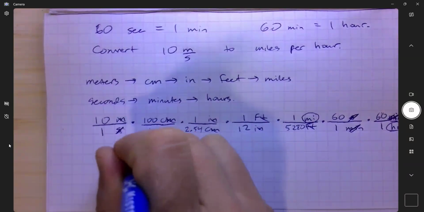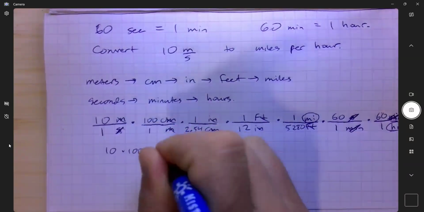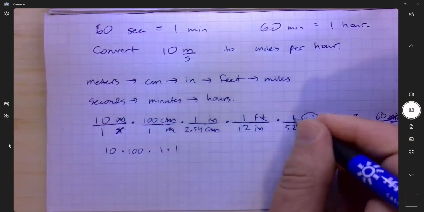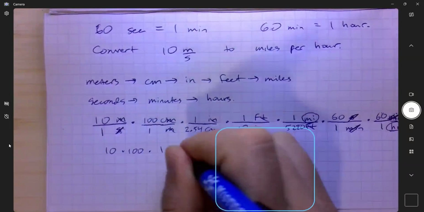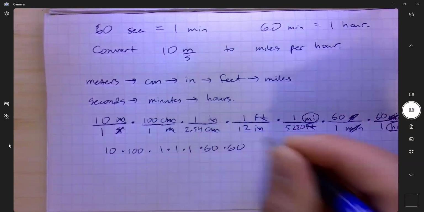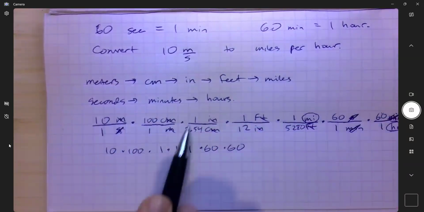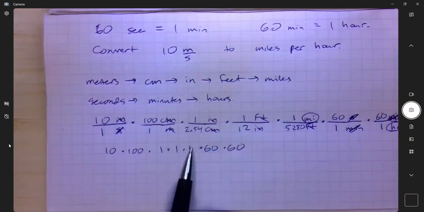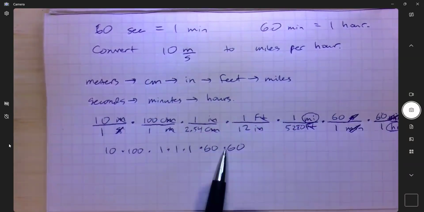So I have 10 times 100 times 1 times 1 times 1 times 1 times 60 times 60.